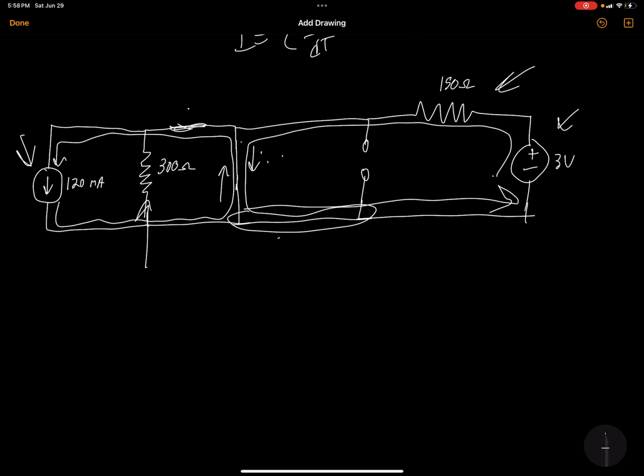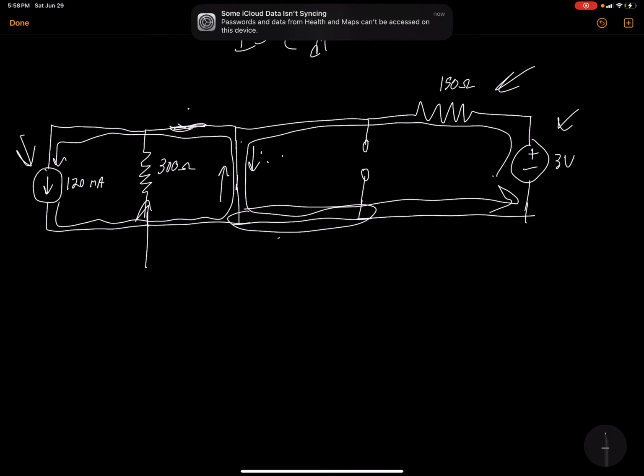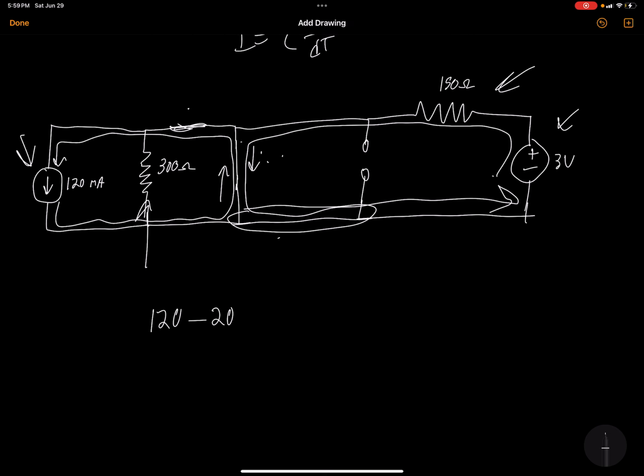So they're opposing each other, so we need to subtract them and find that result. So 120 is the first one, and then we need to subtract the other one, which we found earlier to be 20 milliamps, 0.02 amps. 3 divided by 150 will give you your answer. So that final value will be 100 milliamps for the inductor.